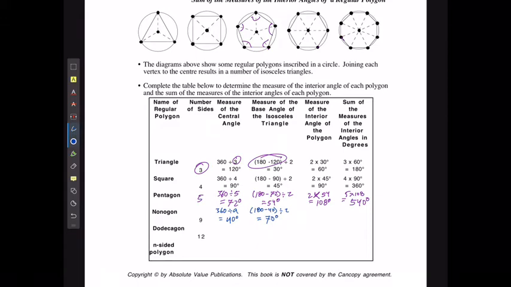If I double that, then the interior angles are going to each be 140 degrees. And if I have 9 sides, that means I have 9 interior angles. 9 times 140 is going to give me 1260.